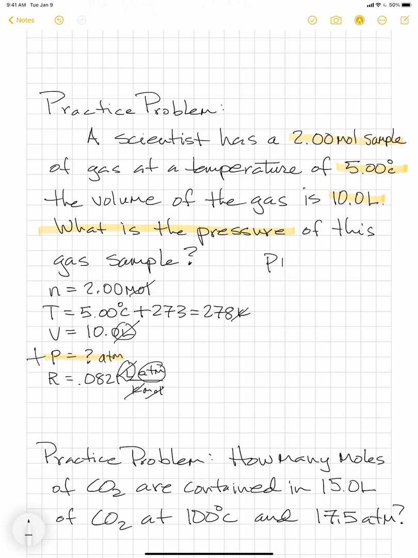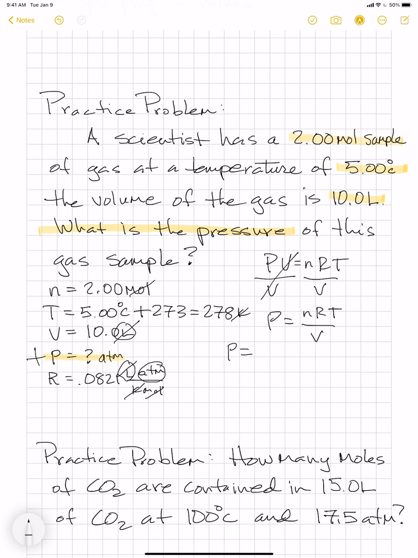So PV is equal to nRT. If we're solving for P, we divide by V. Now we're on the right track. And therefore, P is equal to nRT over V. Yeah, you know, mistakes can happen. Make sure you're paying attention. Good thing I was. So let's plug in the values again.